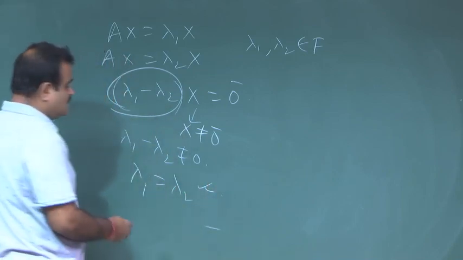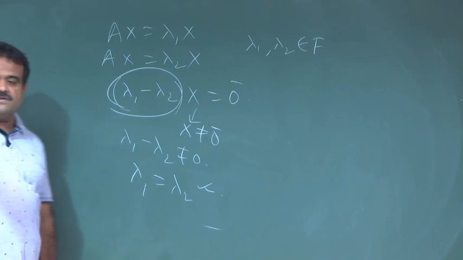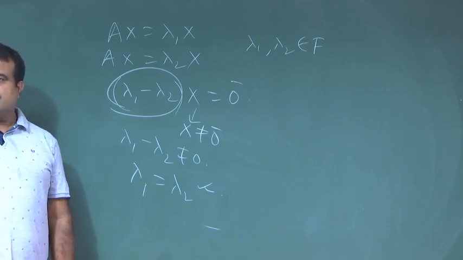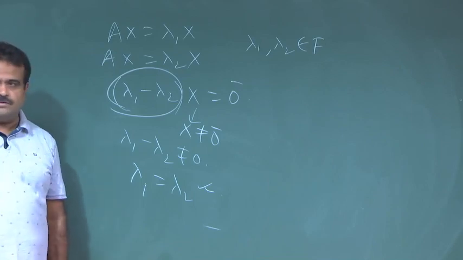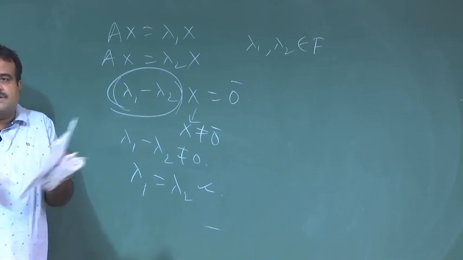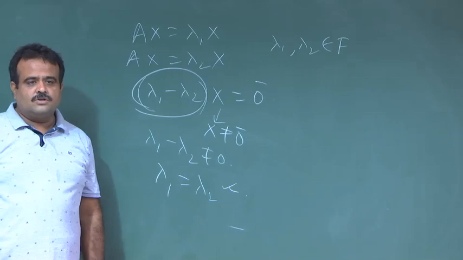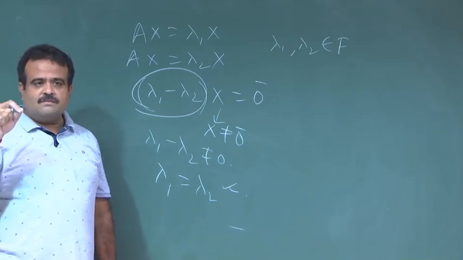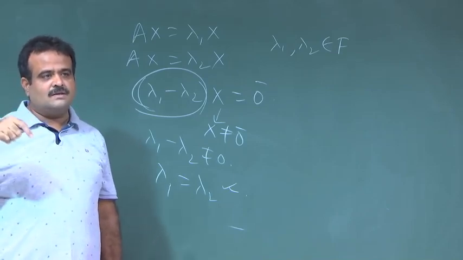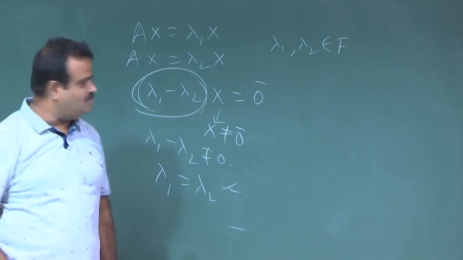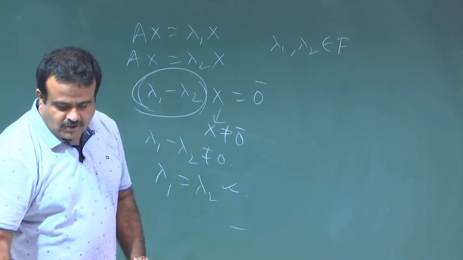That is the uniqueness. So, for a given eigenvector we have a unique eigenvalue. One eigenvector cannot correspond to two different eigenvalues. In other words, the eigenvector gives the unique eigenvalue.